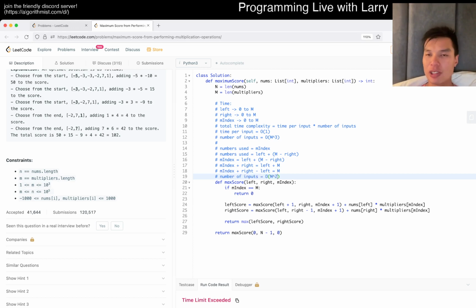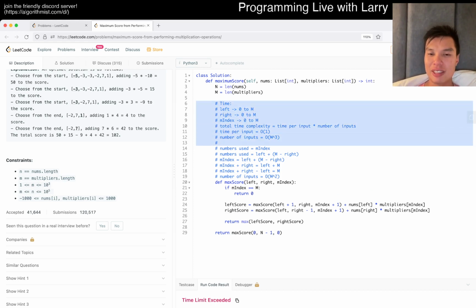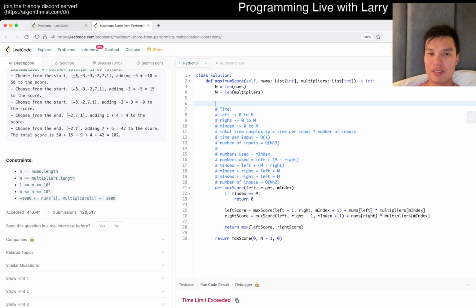And now 10 to the third squared is just 10 to the 6th, which is a million. So that's basically the idea on how to get this to work. Also, again, Python may be too slow, we'll see, but that's basically the idea. So let's figure that out.